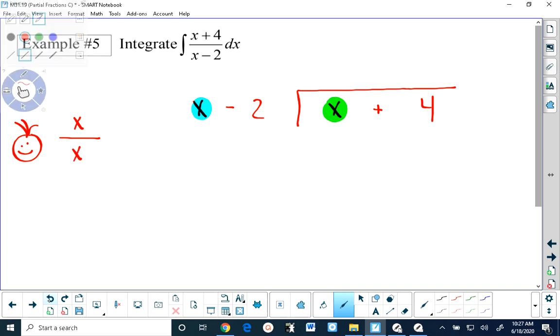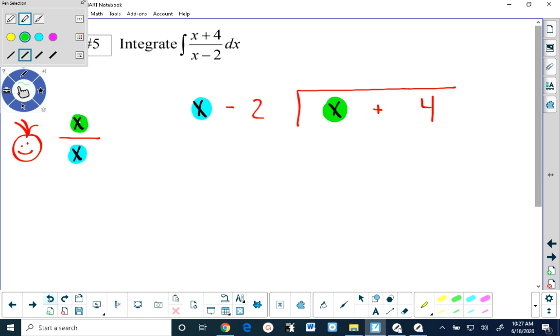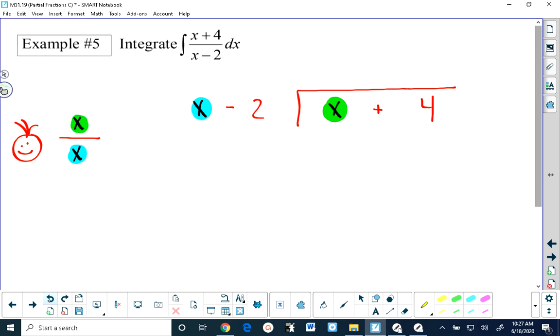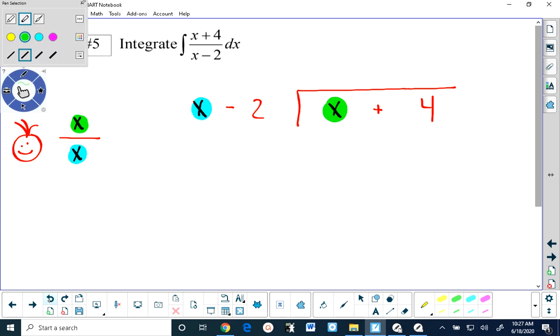I've color coded these because they're both x, so I don't want you to be confused as to which x goes where. You are always dividing the divisor into the dividend. So you're asking yourself what x divided by x is equal to, and this is equal to 1.